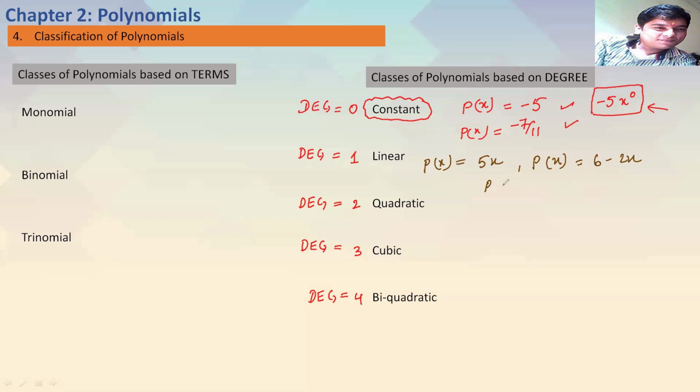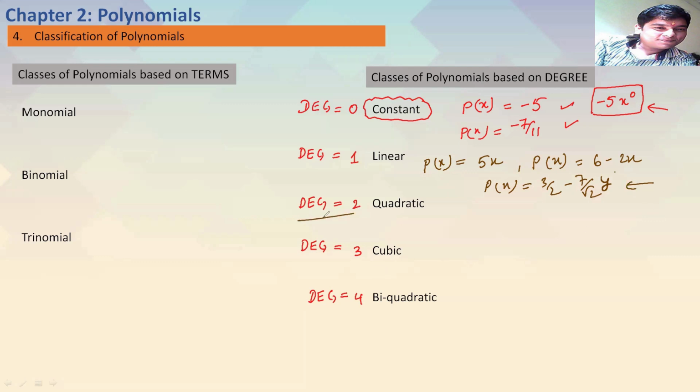Or p(x) is equal to 3 by 2 minus 7 by root 2 y. Even though root is there, the root is on a constant. So y is free of root, y has power 1. It is a linear polynomial.